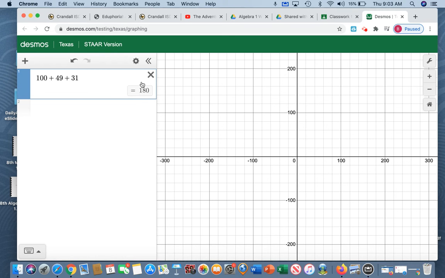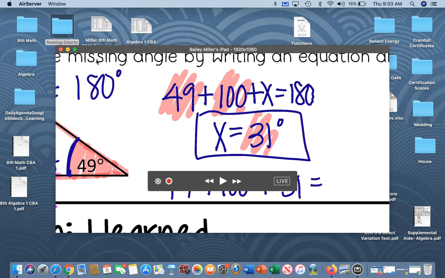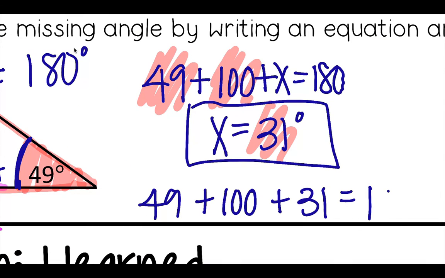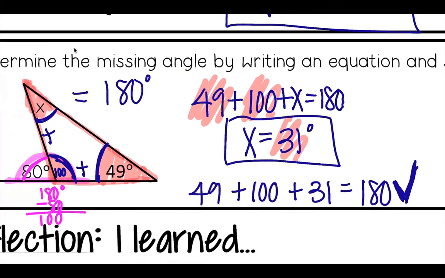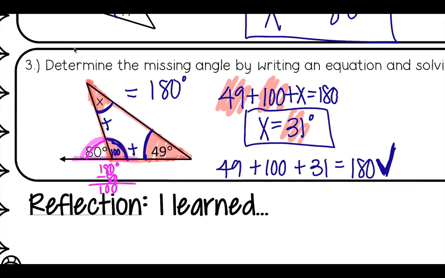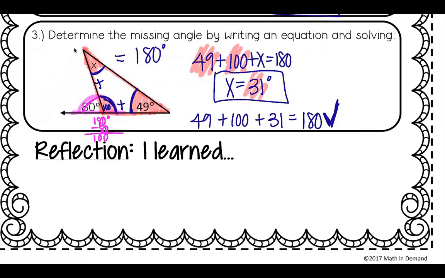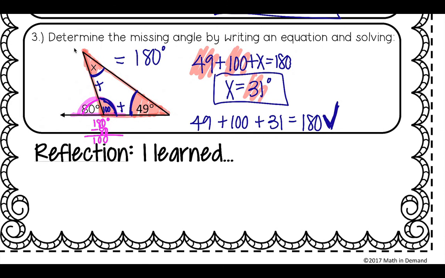Notice I get 180, which is exactly what I wanted. If you don't get 180, something went wrong. But we got 180, so this checks out. It works because it has to equal 180. So that was a little challenging one. Again, we're going to learn that more on Monday.